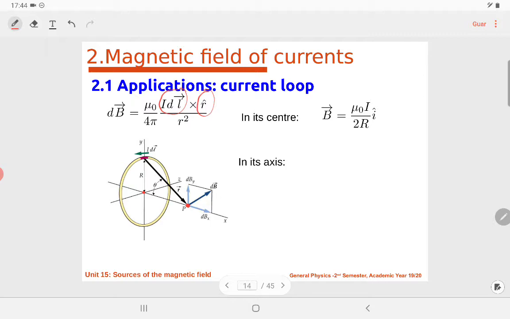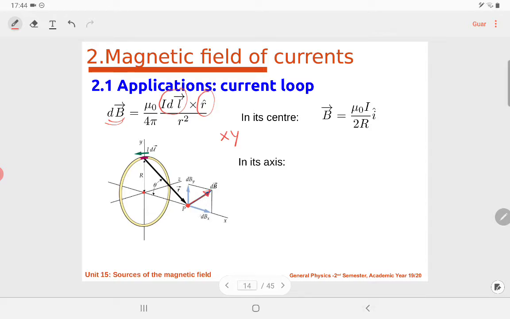The only thing is that now this differential of magnetic field has to be perpendicular to both, and as it's perpendicular to r, it has this direction here, so it belongs to the xy plane, but it's perpendicular to this vector here. So it has this direction.